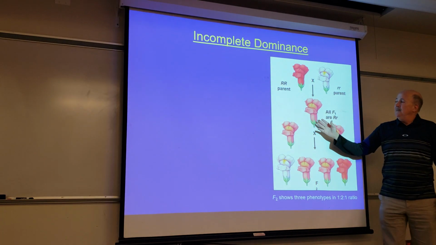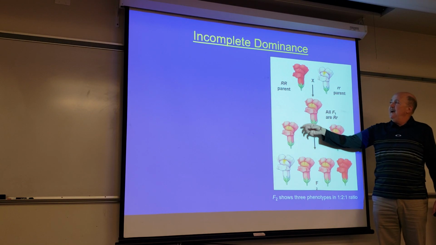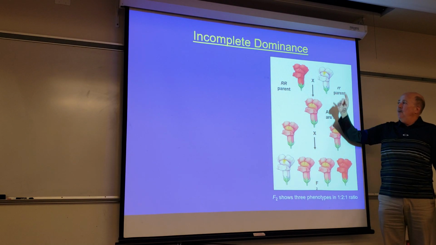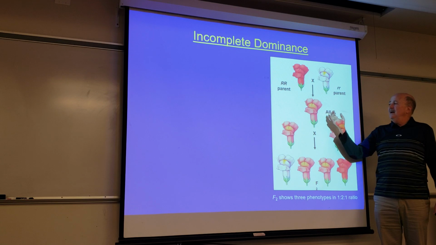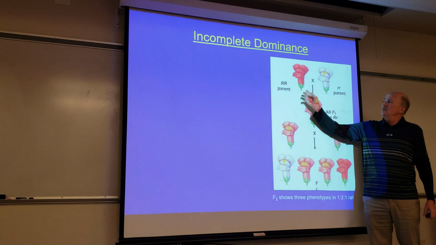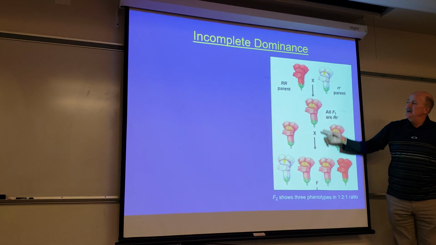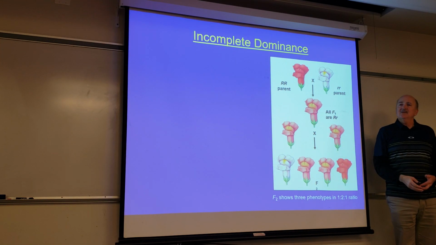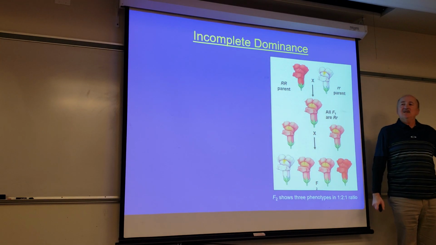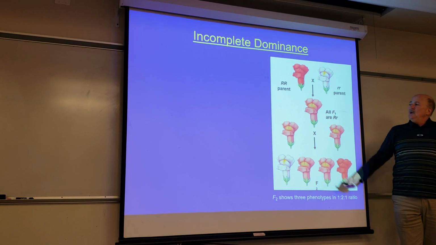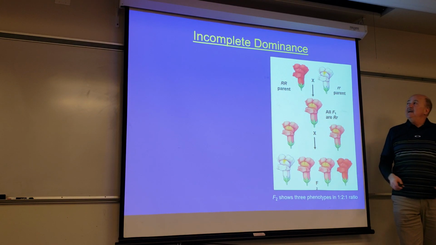This is incomplete dominance. What happens is the hybrid has one of those genes and one of those. And when you combine those, you don't get as strong a red effect as you would get in this case. Instead, it's watered down. It is pink. The red pigment is basically diluted. And it looks like we've actually done blending inheritance.